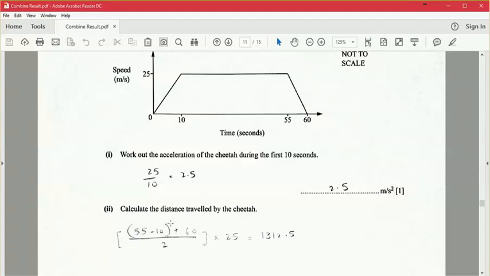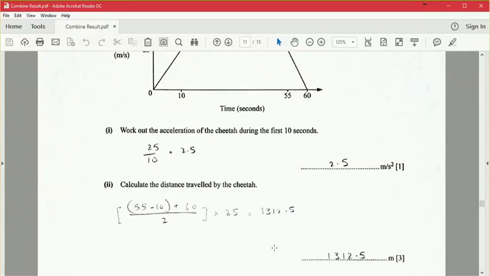We will use the equation here from 10 to 55. It's 55 minus 10, it's 45, plus 60. This one, the width here from 0 to 60, over 2, times 25, which is the height here, gives us 1312.5.